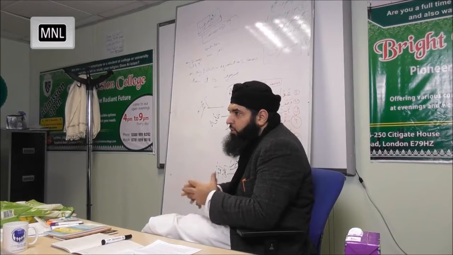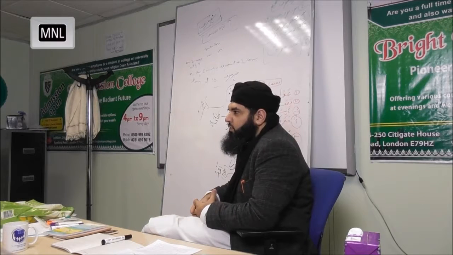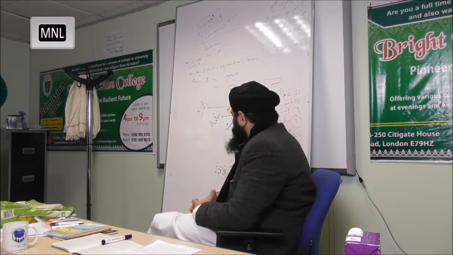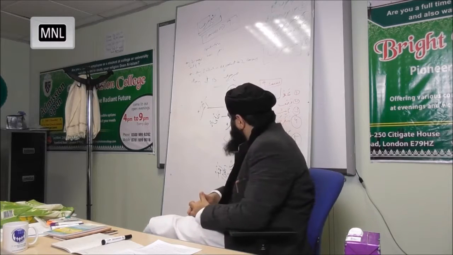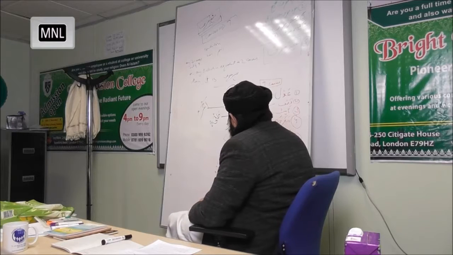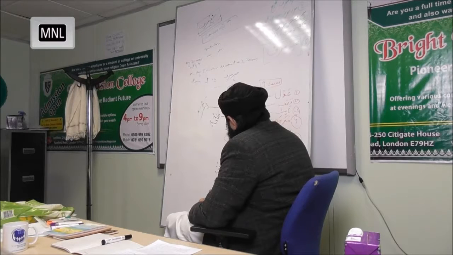Some of them cannot be joined together, but some of them are always joined together. Therefore, you need to learn this. Although we read in sarf that it should be masajadu, it's masajidu. It breaks the rule.